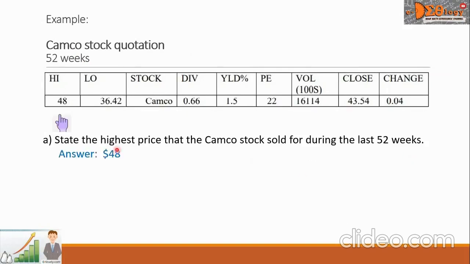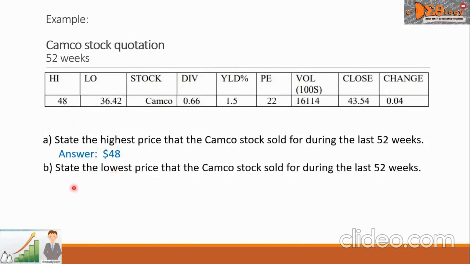So our answer is this $48. Letter B. State the lowest price that the Camco stock sold for during the last 52 weeks. Our answer is this $36.42.